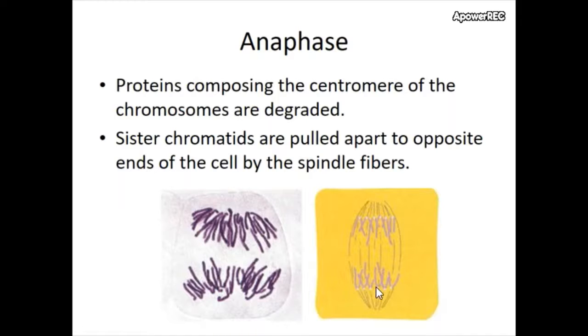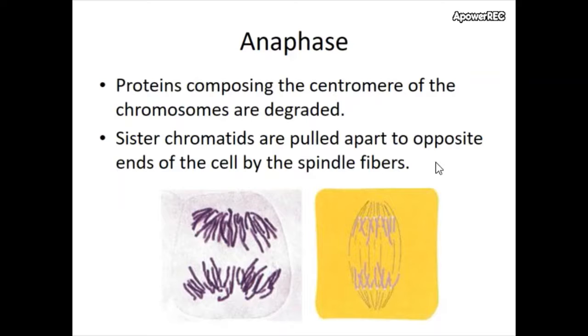And as you can see here, those X's get split apart. So now we just have a single tail for each single copy of those homologous chromosomes. Proteins composing the centromere of the chromosome are degraded, and the sister chromatids are pulled apart to opposite ends of the cell by the spindle fibers.